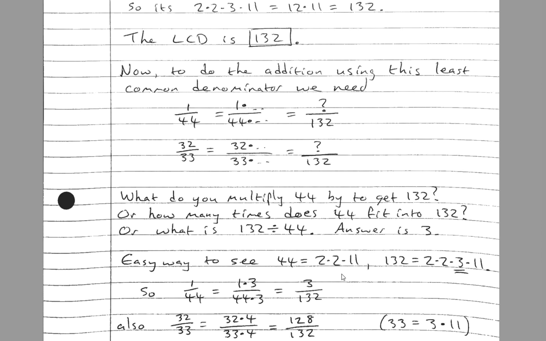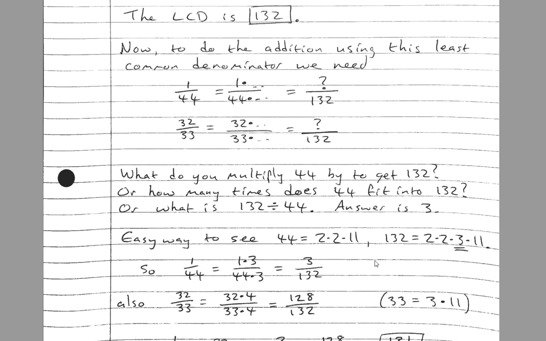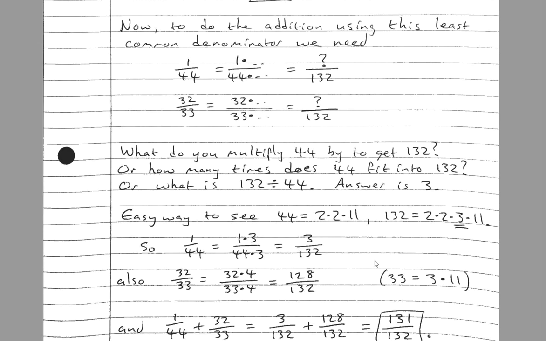But the easiest way to find it is just compare the prime factors of 44 with the prime factors of 132, and you can see what's missing. So there's a 3 missing here. So if you multiply 44 by 3, you get 132. Same thing here. What do you have to multiply 33 by to get 132?